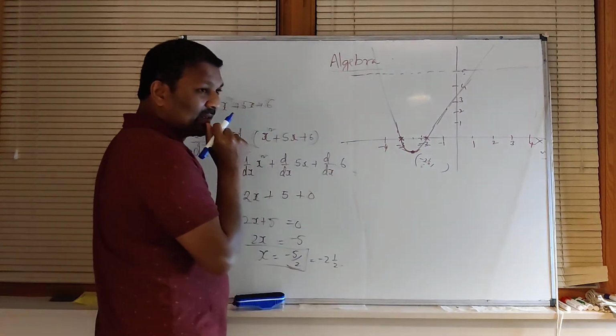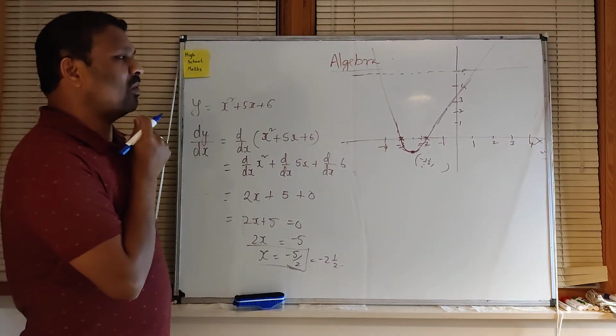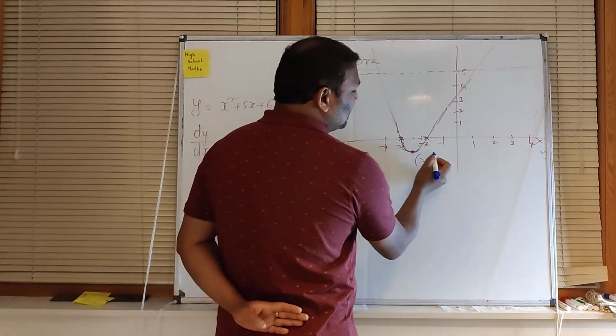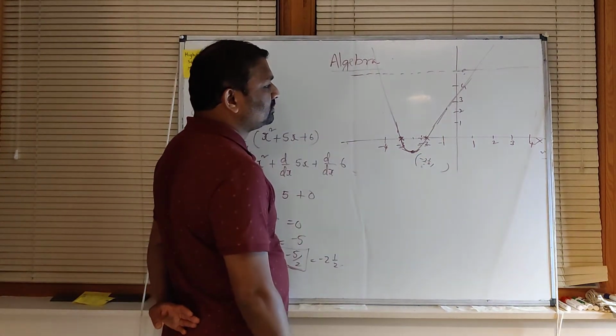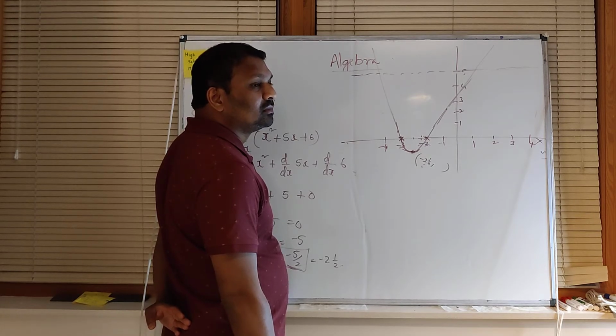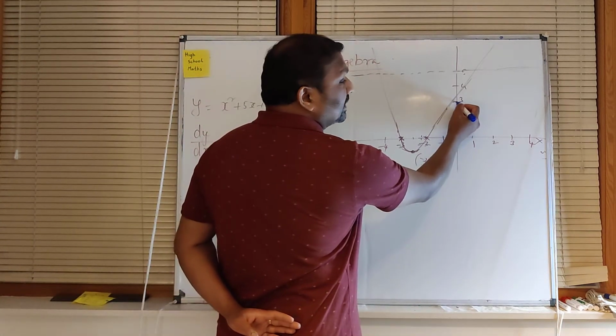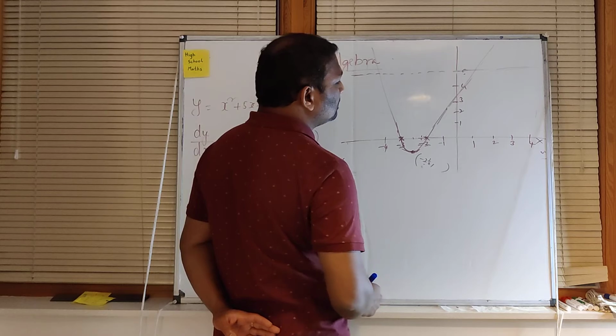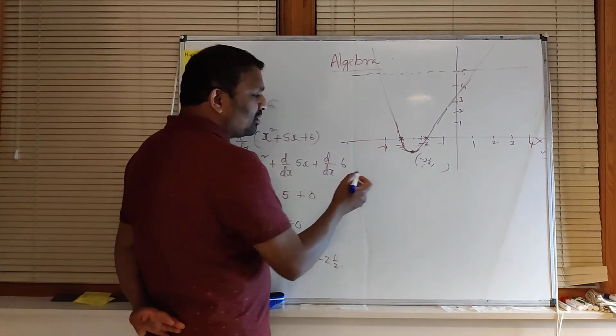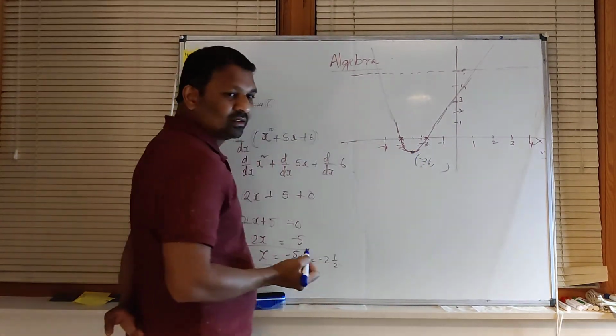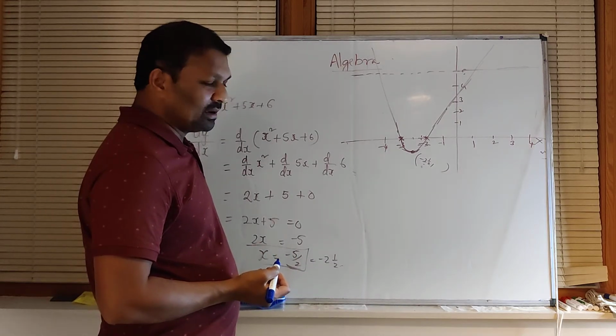How can it be minus 3 pi by 2? On the y-axis there is 3. No, we're talking about this point, minus 5 by 2.